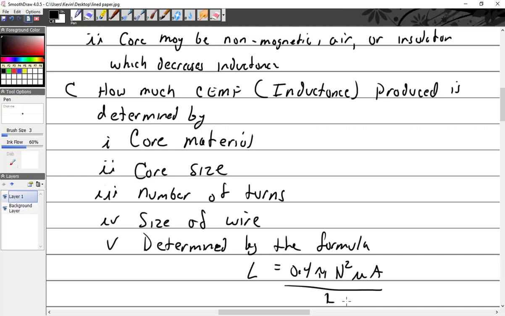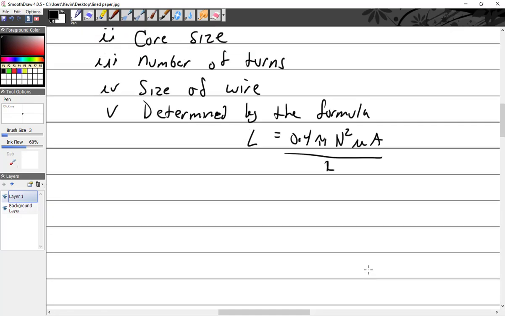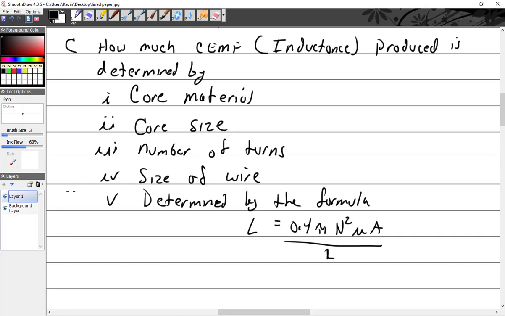N is number of turns. Mu is the core permeability. Let's not go there.